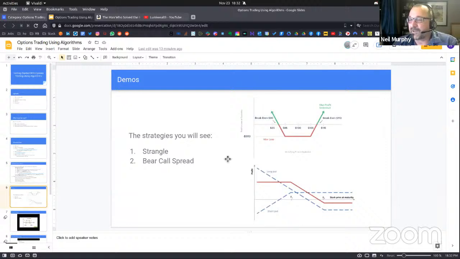Okay, so we're going to go through a couple of demos. I'm actually not going to spend a lot of time myself right now talking about them because I talk about them in the videos. So we're going to talk about a strangle and we're going to talk about a bear call spread.